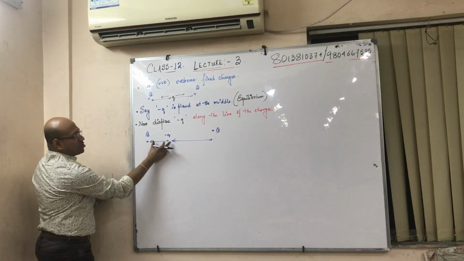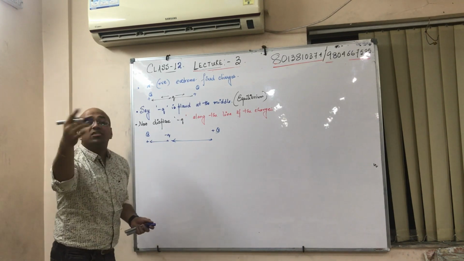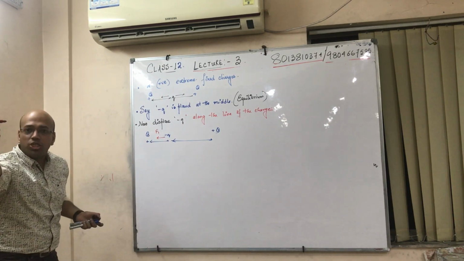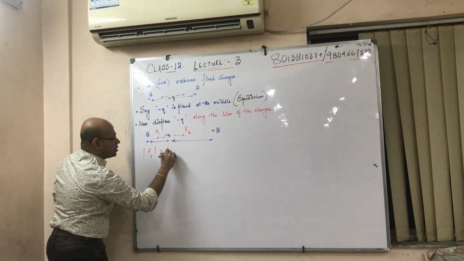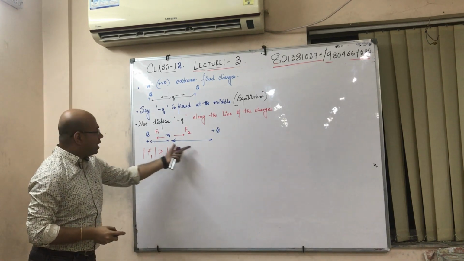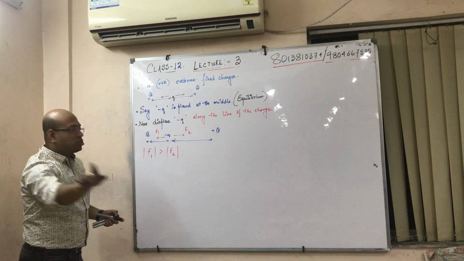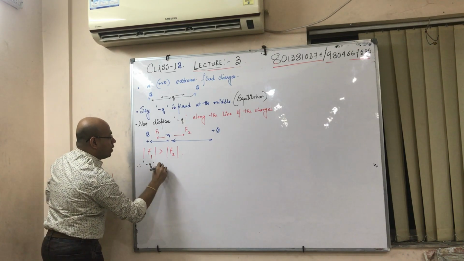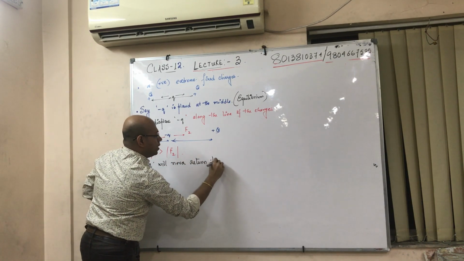The distance between them decreases on one side and increases on the other, so the net force increases. On one side this is the force of attraction F1, and on the other side F2, and mod of F1 is greater than mod of F2, because the distance decreases and the distance increases. So will minus q ever come back to its own position? No, minus q will go to this charge. So minus q will never return to its original position.